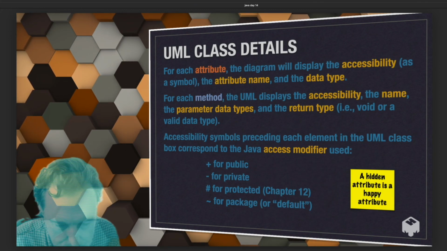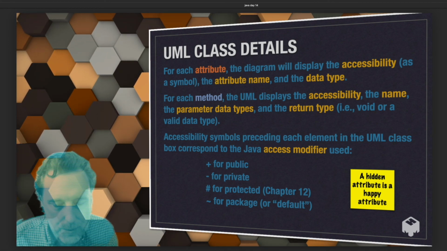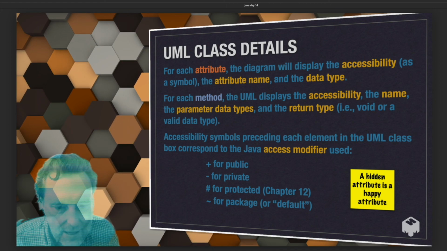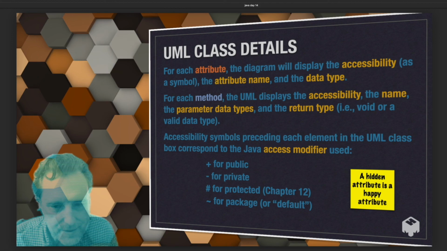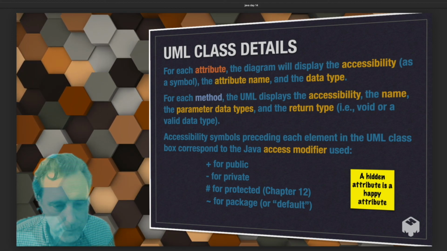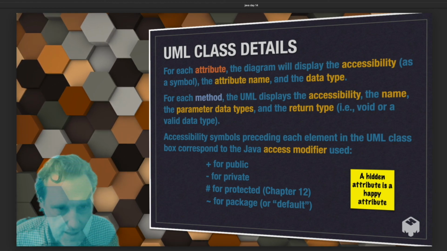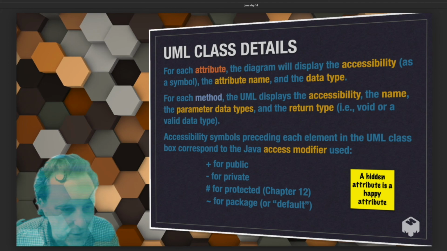It will also communicate to you the access that you would have to elements inside of that class. The UML will describe everything that's in the class, but that doesn't necessarily mean you'll have access to all that stuff when you create objects of that class type. So you also need to know the access modifiers for everything.